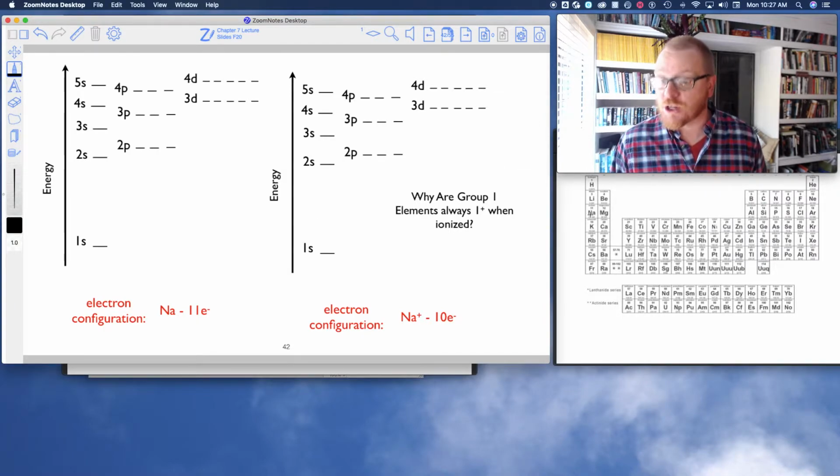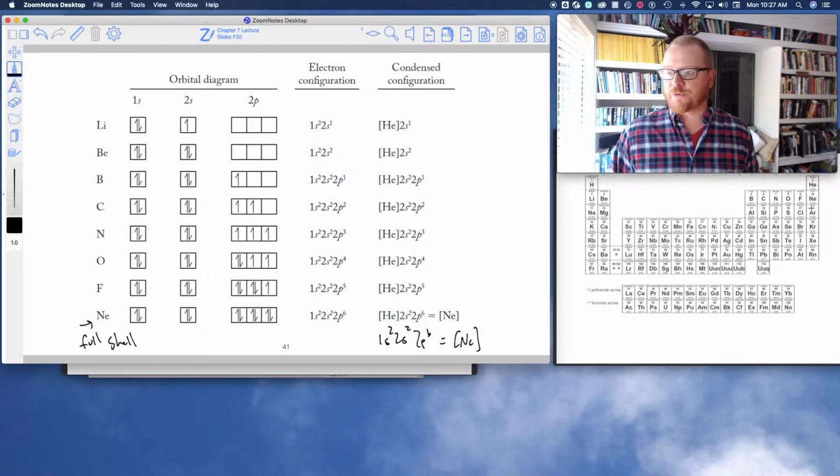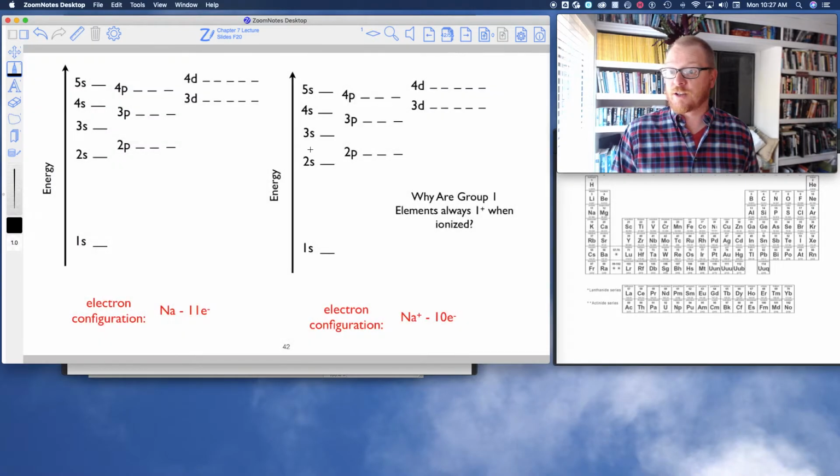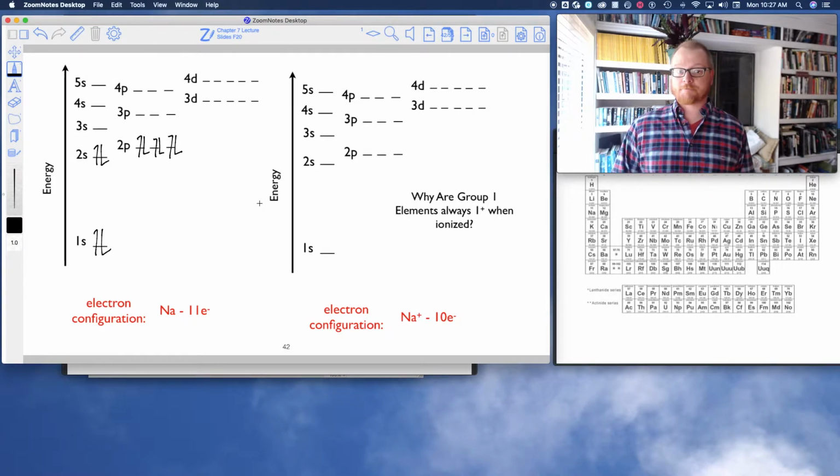Let's do sodium. So we know that sodium, right, we filled it up to neon. We know neon is 1s2, 2s2, 2p6. So let's do that. Here's my 1s2. Here's my 2s2. Here's my 2p6. And notice I still put them in one at a time. Okay.